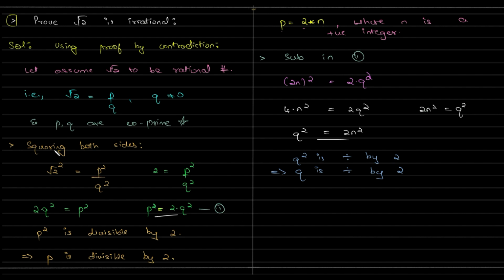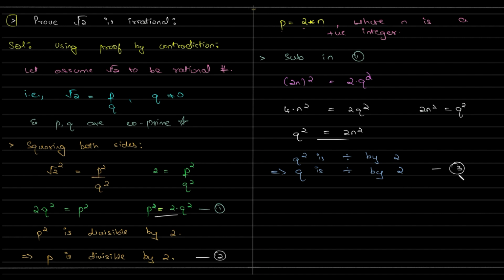Okay, so what did we do? We started with the proof by contradiction statement, and we wrote the contradictory part, and then we squared it, and then we simplified it a bit, and then I substituted that p is a product of 2 into something, and then I simplified, and I ended up with p being divisible by 2 and q being divisible by 2.